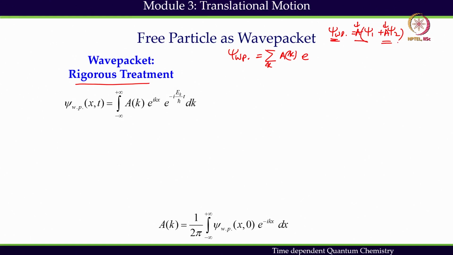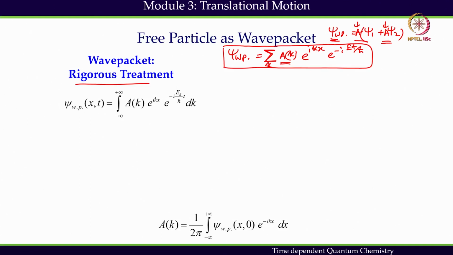But to make it general, I can have a dependent on k, and then I have the same thing, e to the power i(kx minus Et/ħ), and this summation can be over all possible k. That can be the more mathematically appropriate representation of the wave packet.